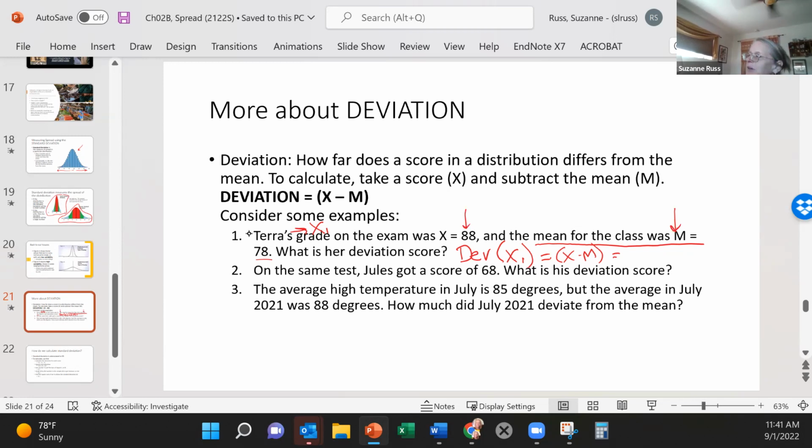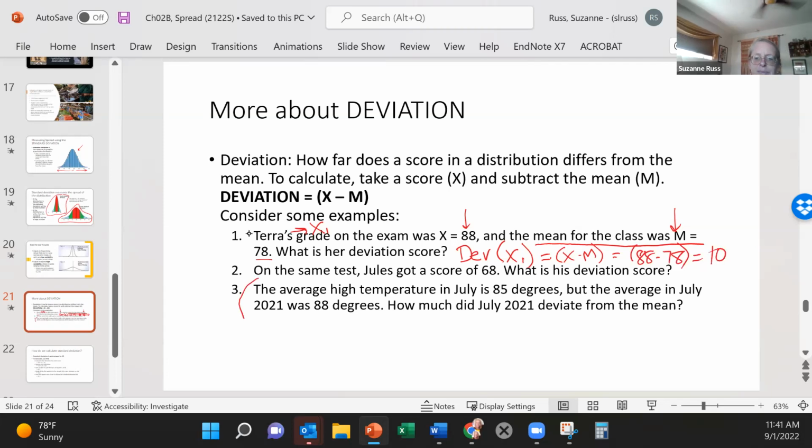Lyle, yes. One more. Yeah, we know that it is simply x, which is 88, minus m, which is 78, and so it equals 10.